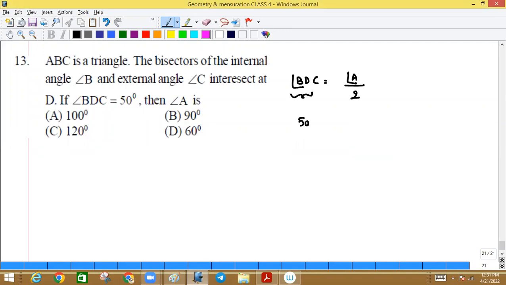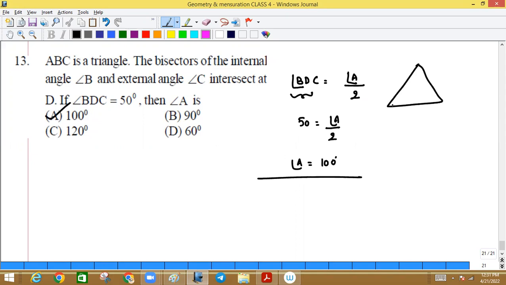Then what is angle A? Angle A by 2 is 50, so angle A is 100 degrees. You remember this figure like this? It is D. It is A. It is 50, so what is A? This is one internal angular bisector. One is the external angular bisector. Copy that.